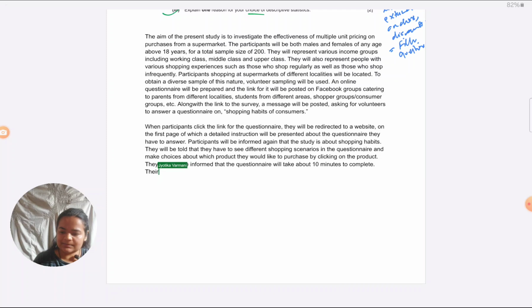Their answers to the questions will be kept confidential, although they will be asked for their demographics, including their name, ages, income levels, gender, etc., before they answer the questionnaire.